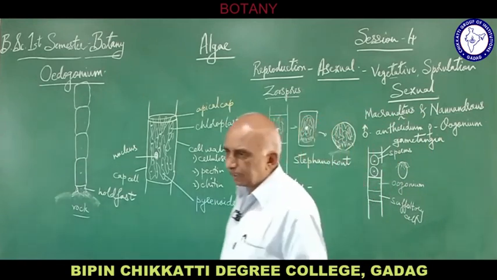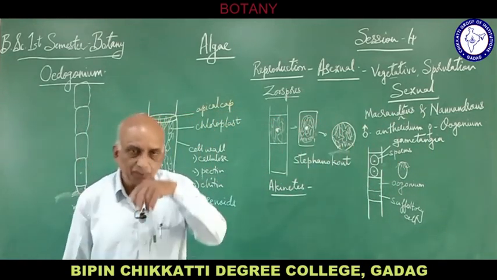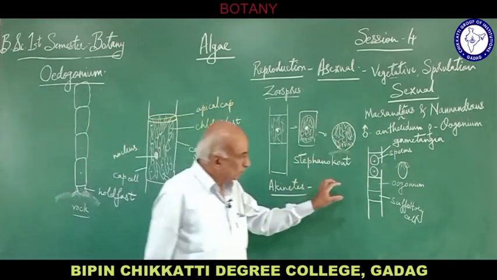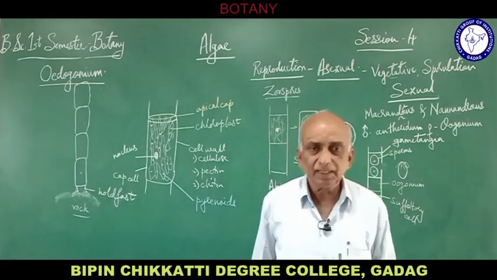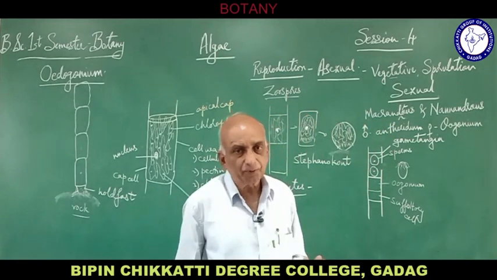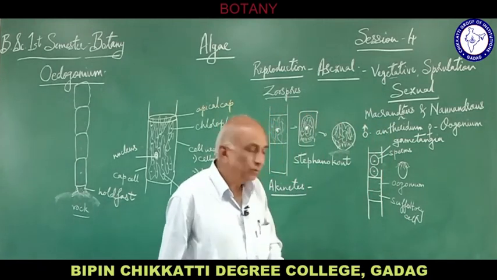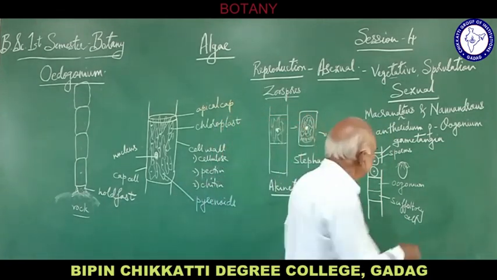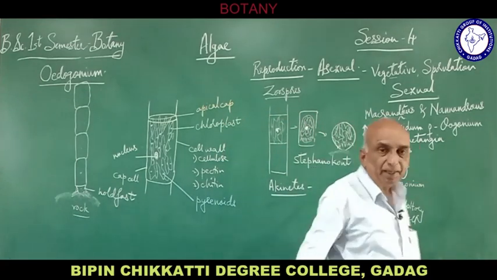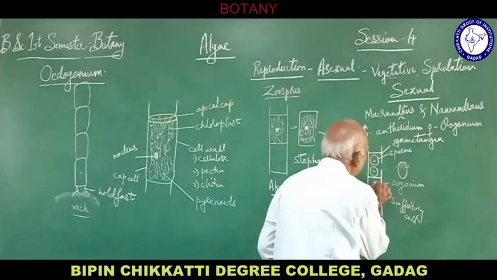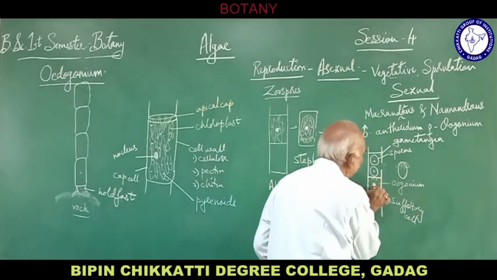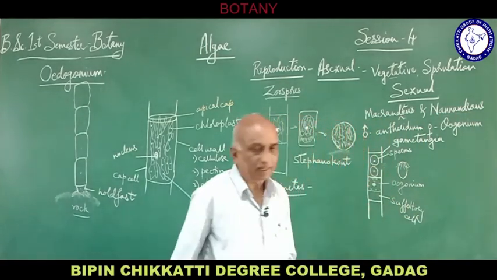It is just a cell which gives support to that oogonium. So one cell functions as the oogonium, the other cell is just a support for that. The oogonium differentiates into the female gamete, egg or ovum.